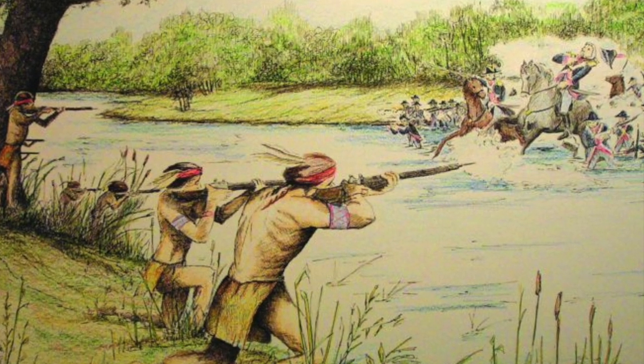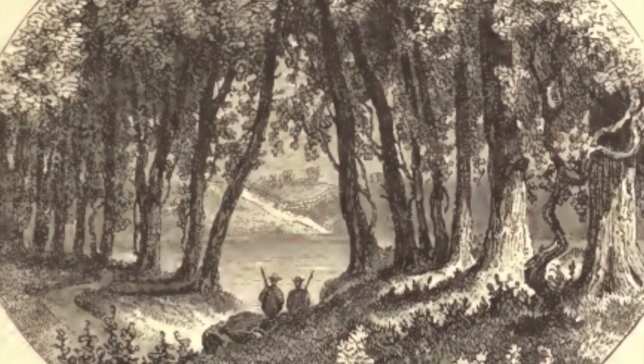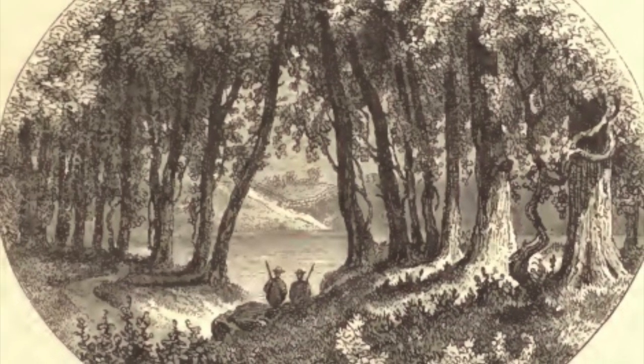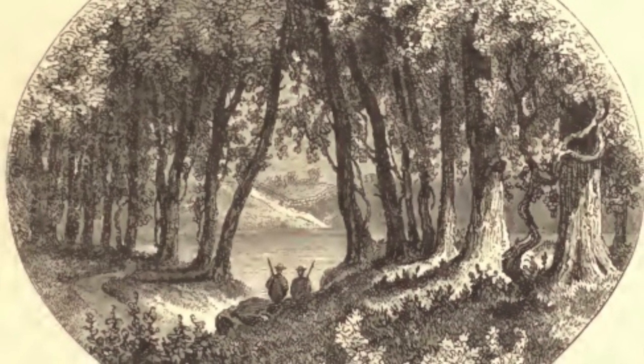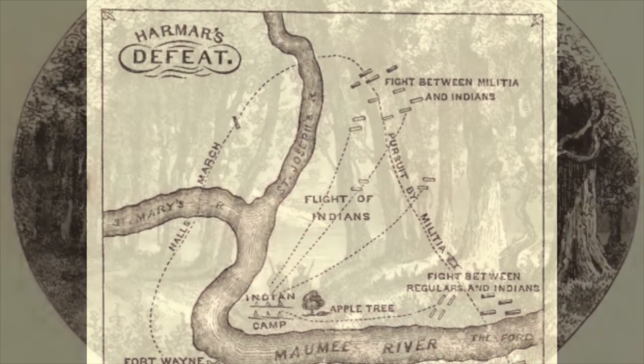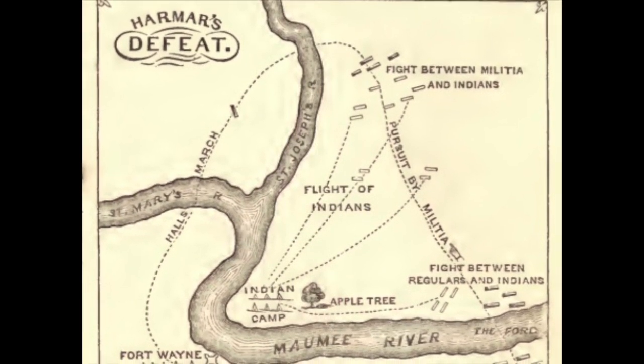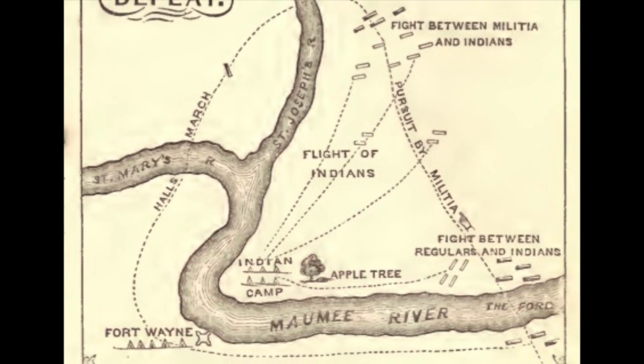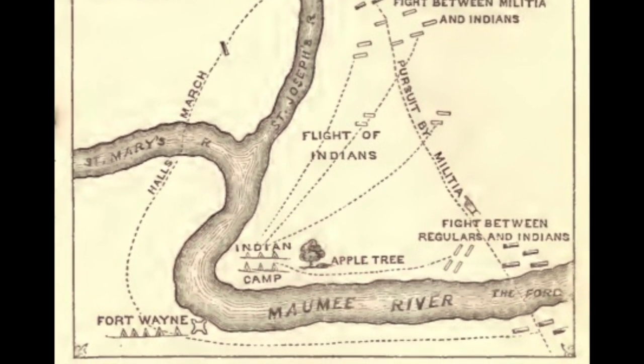Most militiamen didn't know how to fire a musket. They were ambushed. Most of the militiamen fled the battle. Most of the regular soldiers were killed. General Harmer led the soldiers after Little Turtle and the American Indians. Soon after, General Harmer's force retreated in defeat.